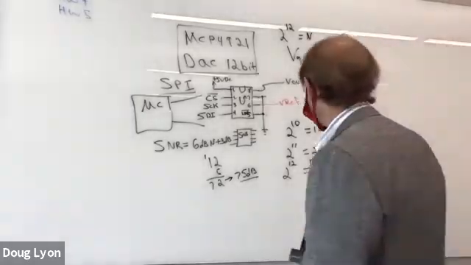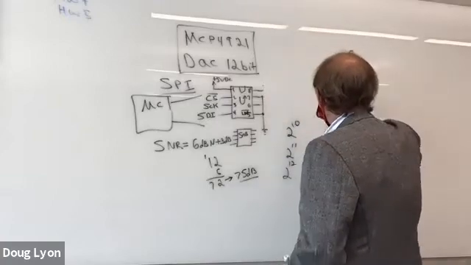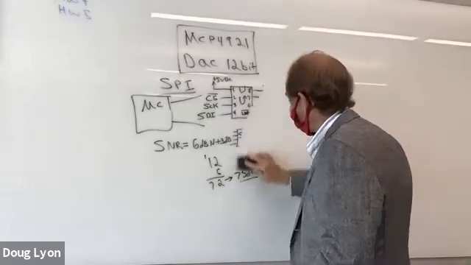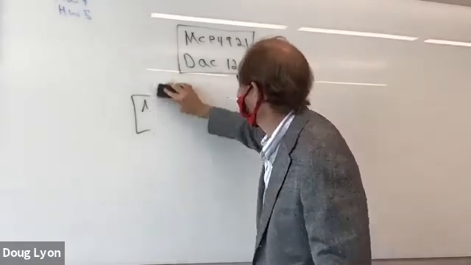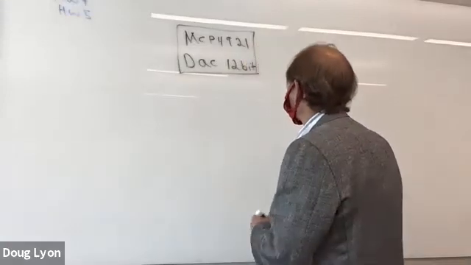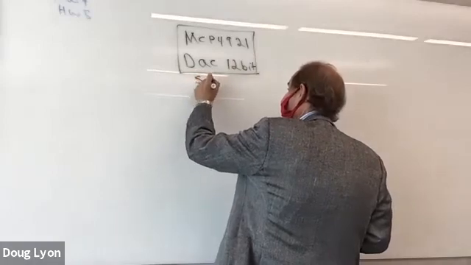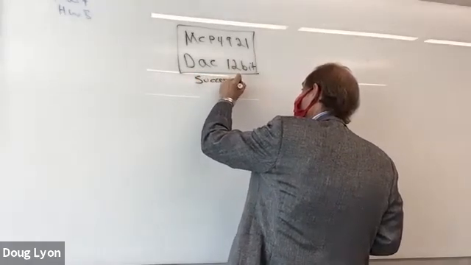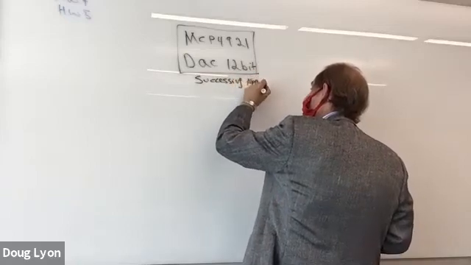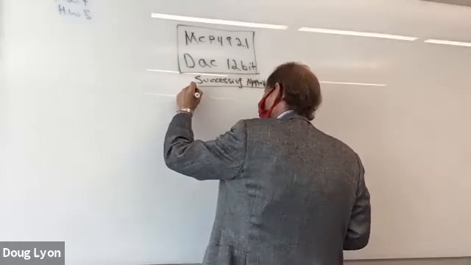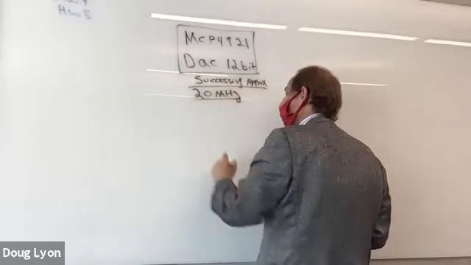The DAC is a successive approximation ADD converter. And what that means is you've got a counter in there, and the counter can have its own clock. And the maximum rate for the clock that feeds the 4921 successive approximation DAC is 20 megahertz, according to the data sheet.